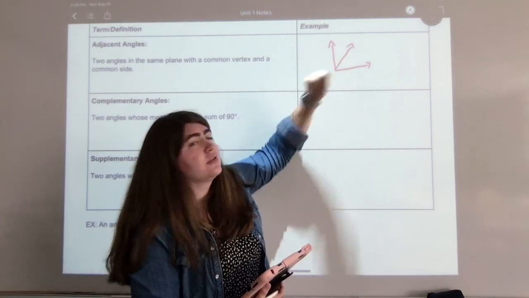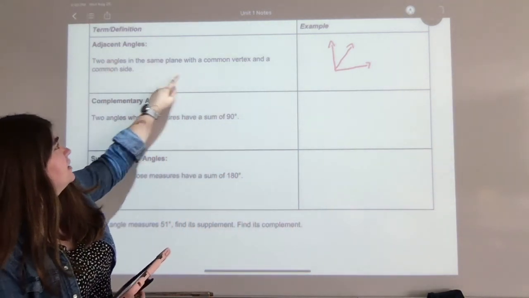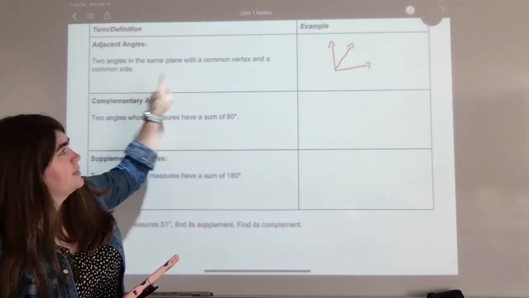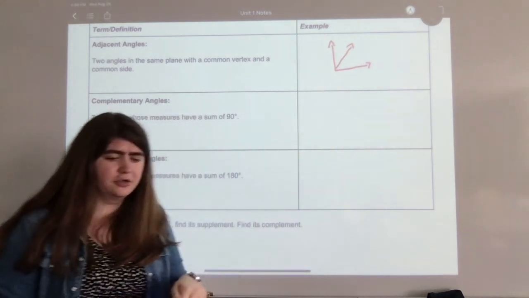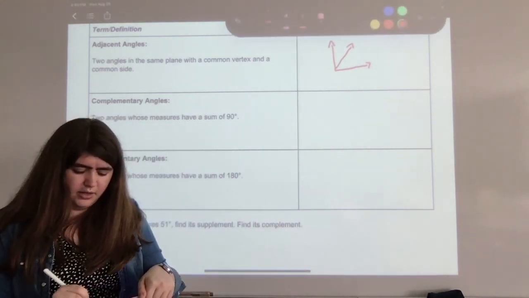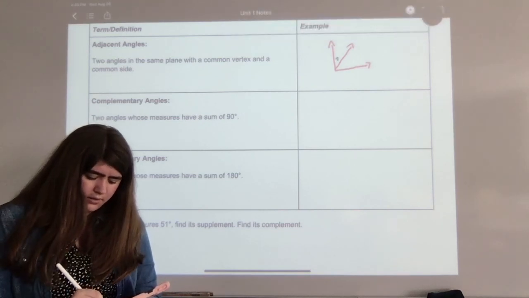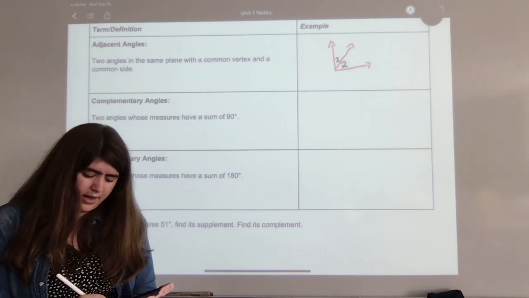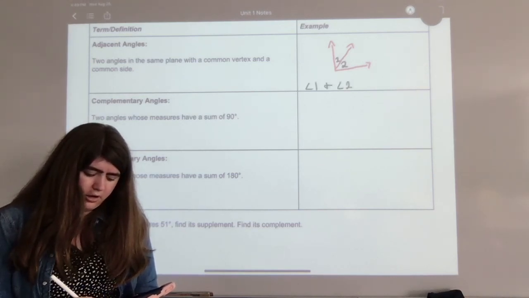These two angles would be considered adjacent because they're in the same plane, they have a common vertex and a common side, which is that ray there. If we mark these as angle 1 and angle 2, then I can say that angle 1 and angle 2 are adjacent.